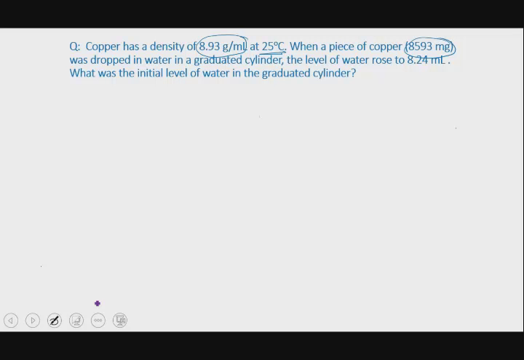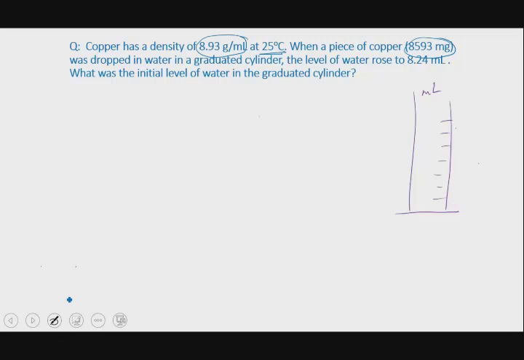How much water is displaced? The volume of the water that is displaced equals the volume of the object that was submerged in that liquid. So let's say you have a graduated cylinder, which is nothing but a piece of glassware that is calibrated on the side and it holds a liquid.